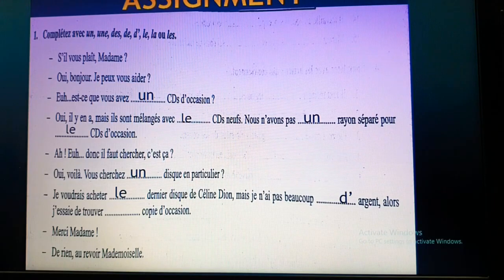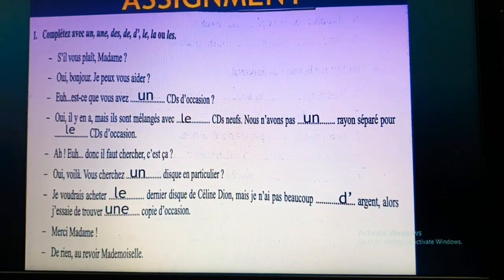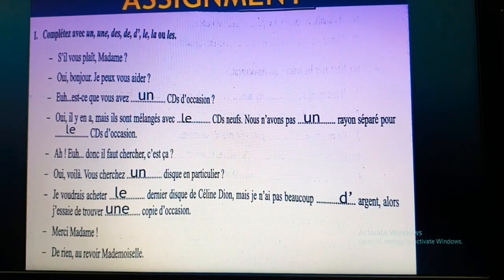So I want to search for a copy of the occasion. That means she wanted a pirated CD. So she wanted a copy of the occasion, which means it will be indéfini. Very good. "Merci madame." "De rien. Au revoir mademoiselle."